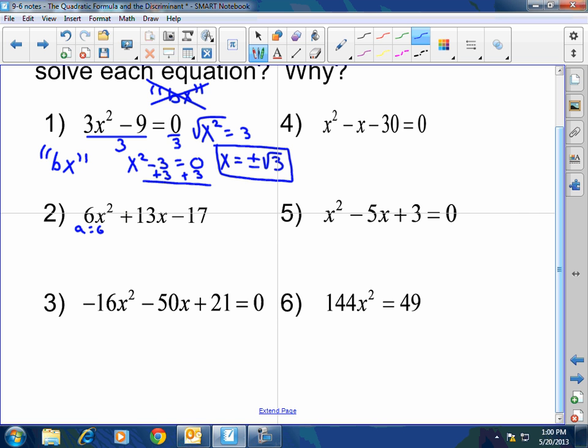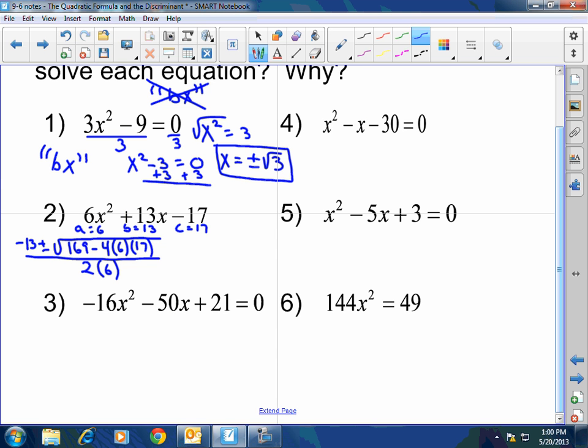A is 6, B is 13, and C is 17. So negative b plus or minus the square root of b squared, 13 squared is 169, minus 4 times a times c over 2 times a, which is going to be 12 because a is 6.